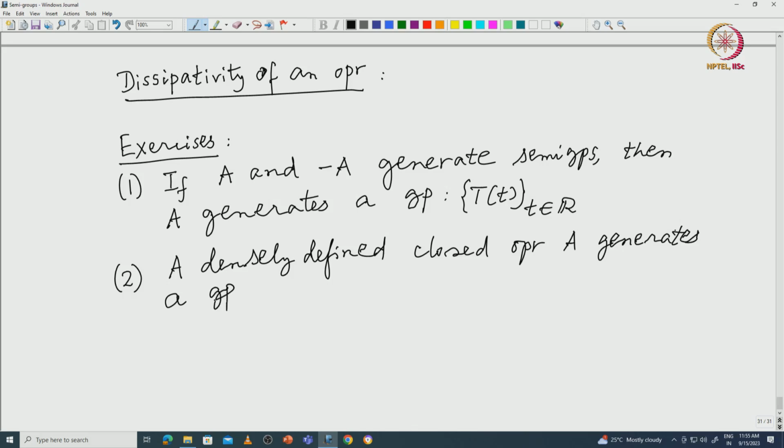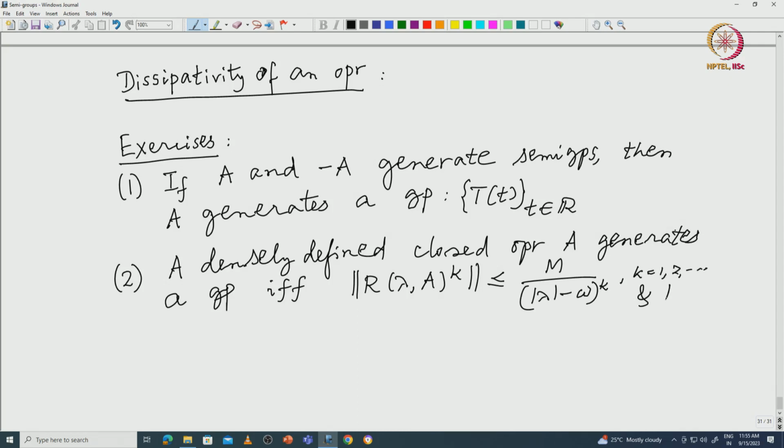Now, we can reformulate that: A generates a group if and only if the resolvent estimates norm of R(lambda, A) to the power k is less than or equal to M divided by mod lambda minus omega to the power k, for k equal to 1, 2, etc. and mod lambda bigger than omega, where M bigger than or equal to 1 and omega non-negative are constants.